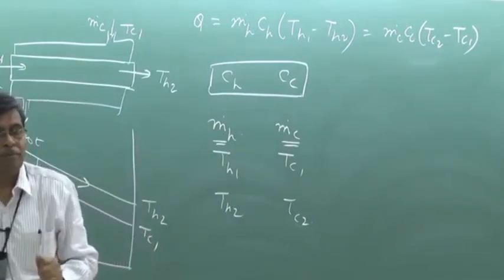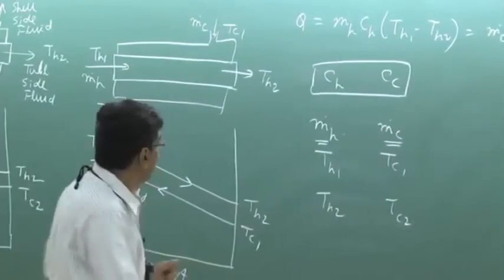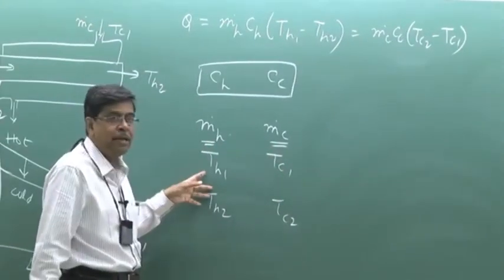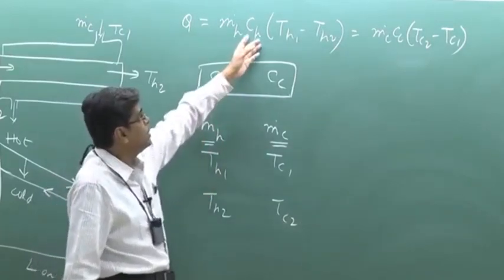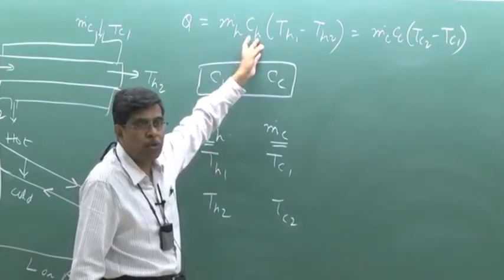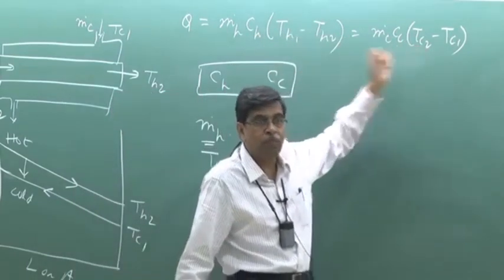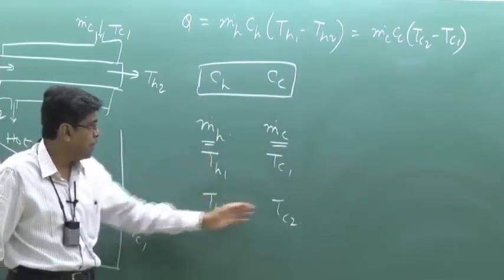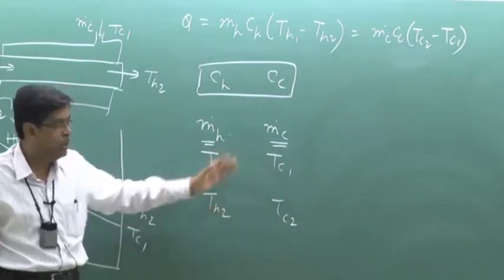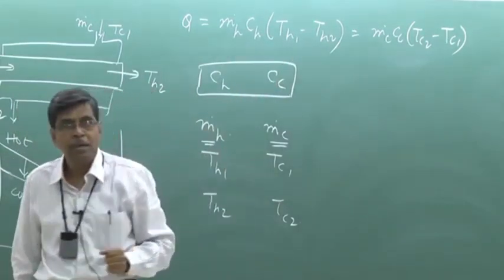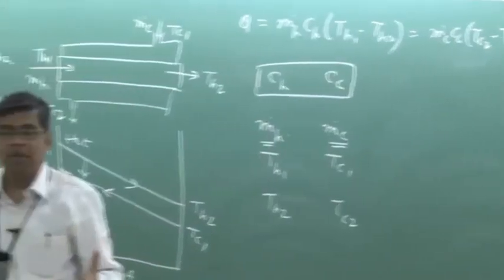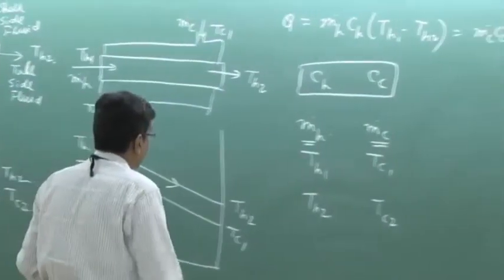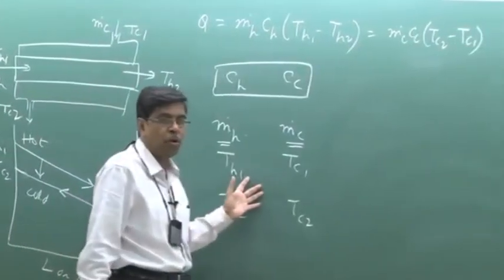This type of problem means the rating of the exchanger, that is, the operating conditions as far as the heating and cooling load are known, that means how much heat has to be transferred from the hot fluid to be cooled or how much heat has to be gained by the cold fluid, because the mass flow rates and the temperatures are all known. 3 temperatures are known, along with the mass flow rate I can find the 4th one. So in the terminology of heat exchangers, the heat exchanger is rated for its heating and cooling load.